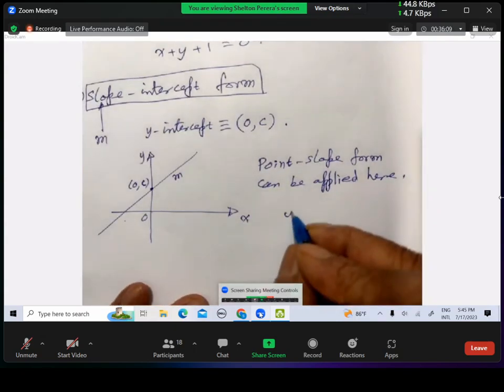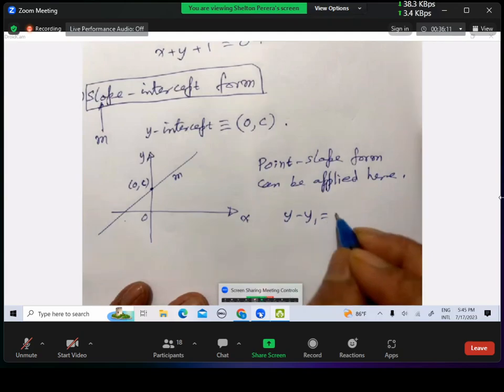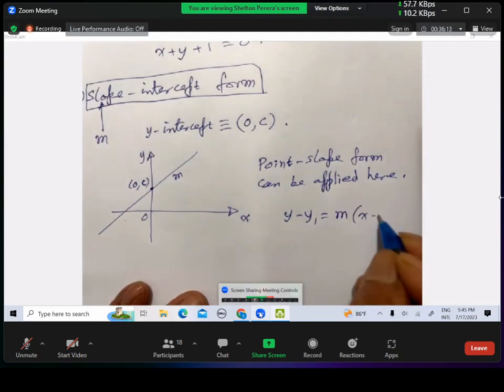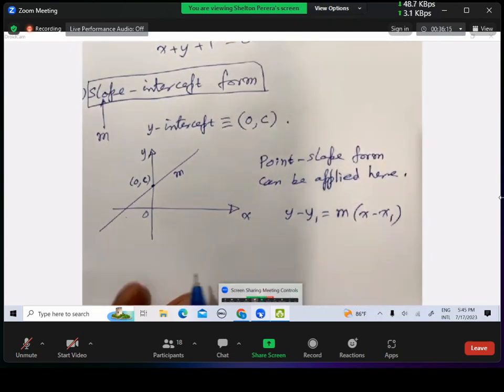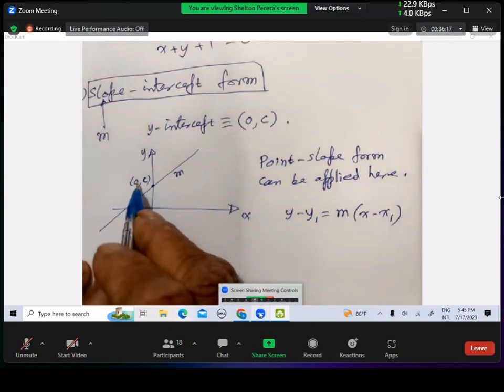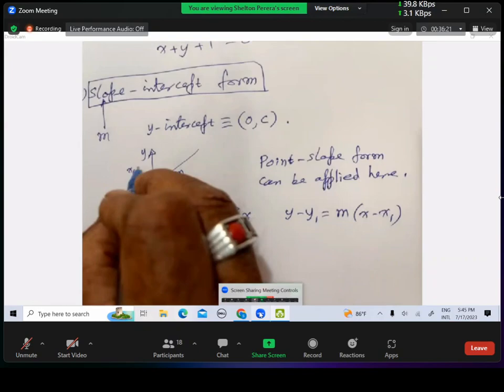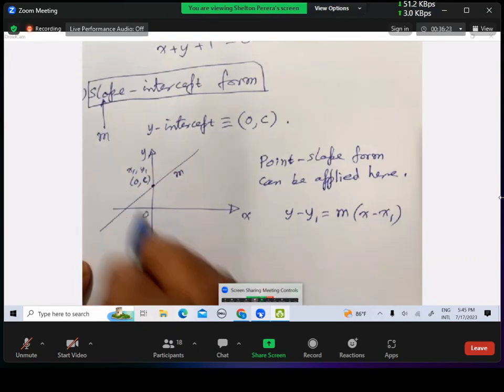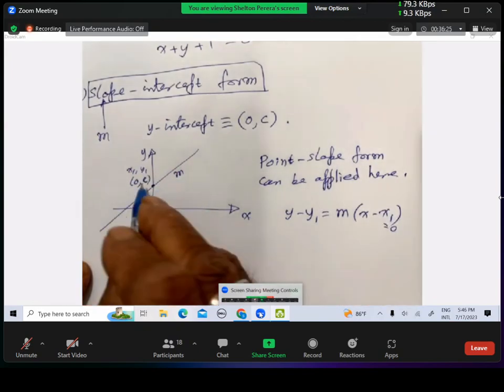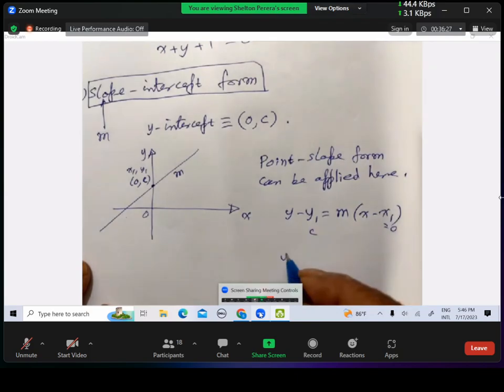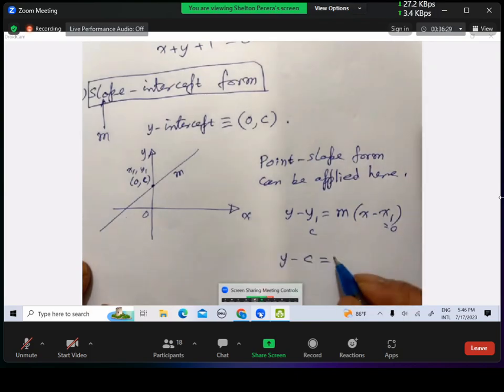So y minus y1 equals m, x minus x1. Here x1, y1, the point that we know: x1 is 0, y1 is c. So we get y minus c equals m, x minus 0.